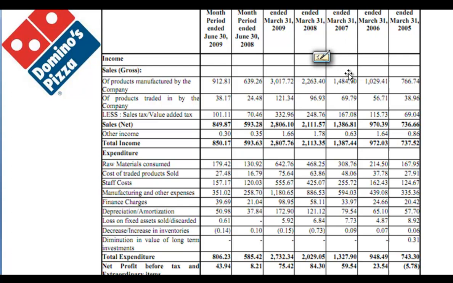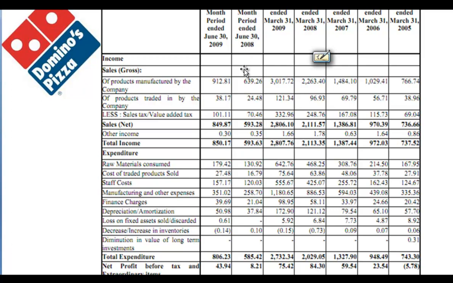All right, so we have that settled. Now the next column here is the income statement for the financial year 2006. Right here is the income statement of the financial year 2007, financial year 2008, financial year 2009. And what they've also done here is given the financials of the company for a quarter, for 3 months.